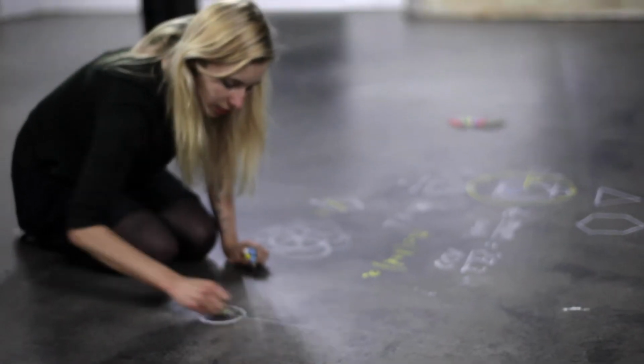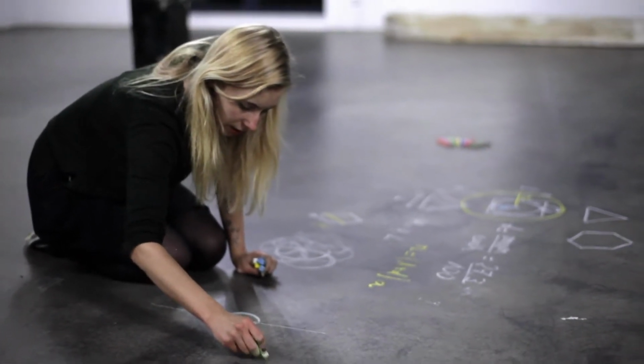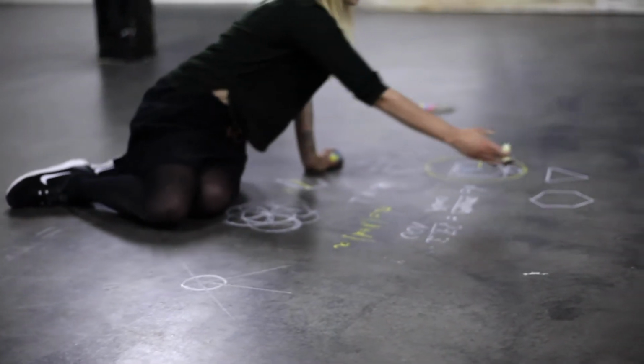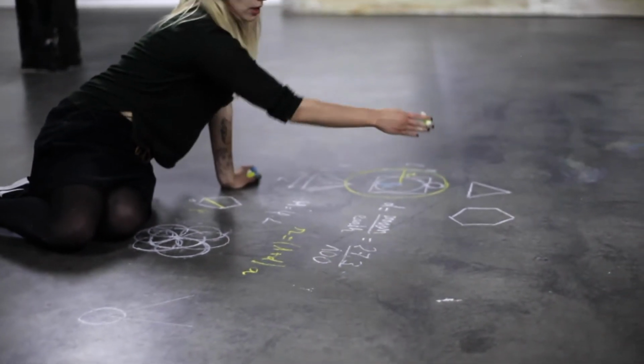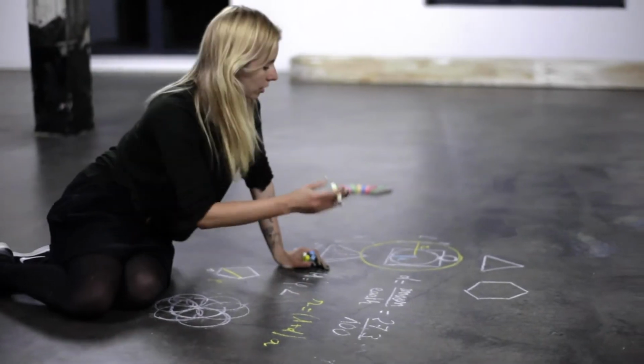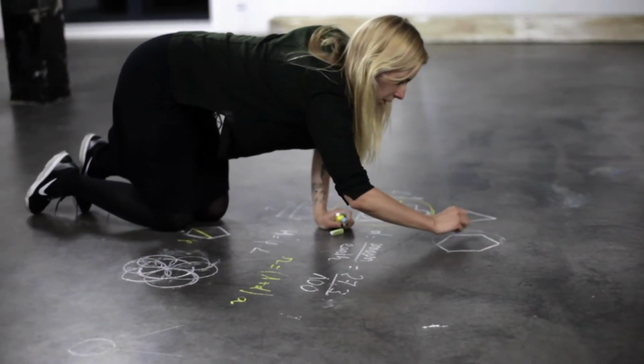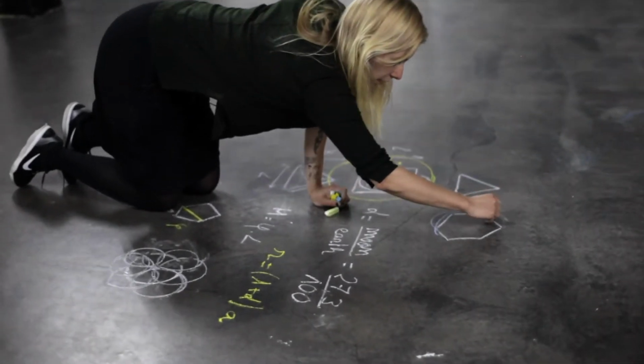Another interesting point is that when I talked about polygons before, like the square, triangle, hexagon, you can put them all in a circle.